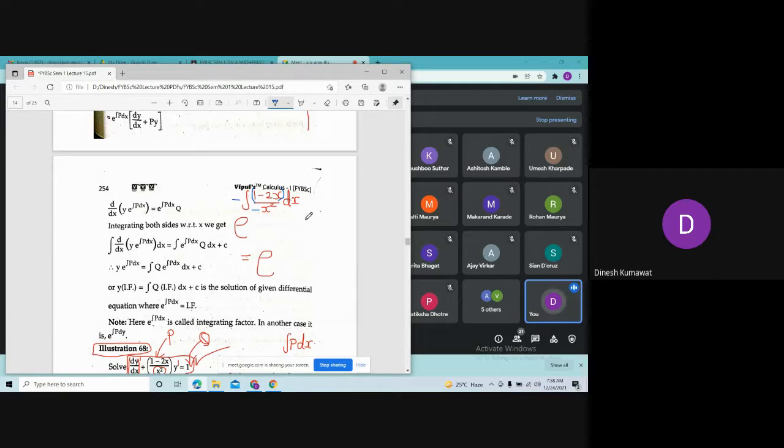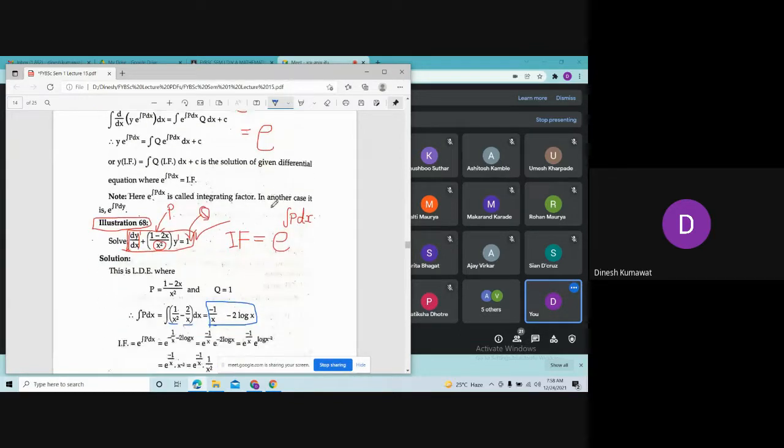Can I say that the derivative of the denominator is found in the numerator? Yes, sir. Say we can't say because there is also a 1. Yes, sir, that is a problem. So we don't apply this method over here. If this 1 is absent, then we can apply that. So this is the only one way. That is, integration of 1 upon x square is minus 1 upon x and integration of minus 2 upon x is minus 2 log x. Is that clear?